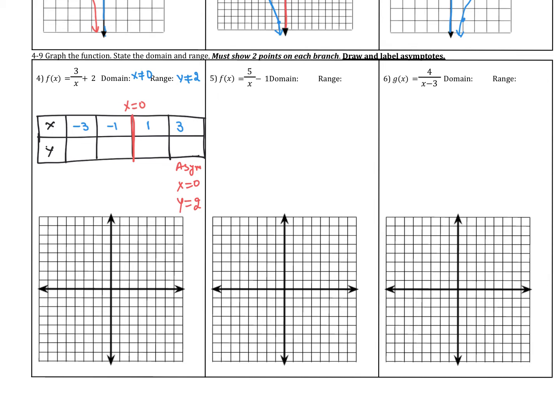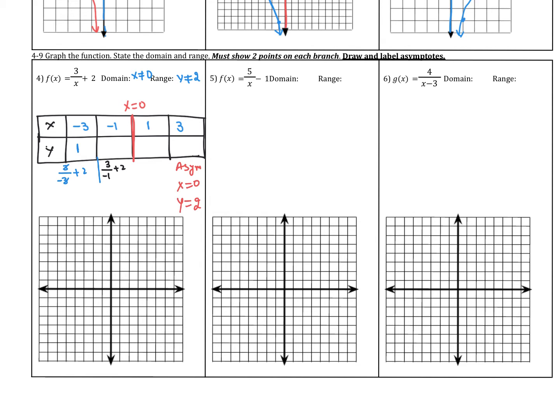Okay, so when you put x equals negative 3, you're going to get here is 3 divided by negative 3 plus 2. 3 divided by negative 3 is negative 1. Negative 1 plus 2 is 1. When you plug in negative 1 for x, you got here is negative 3 divided by 1 plus 2.